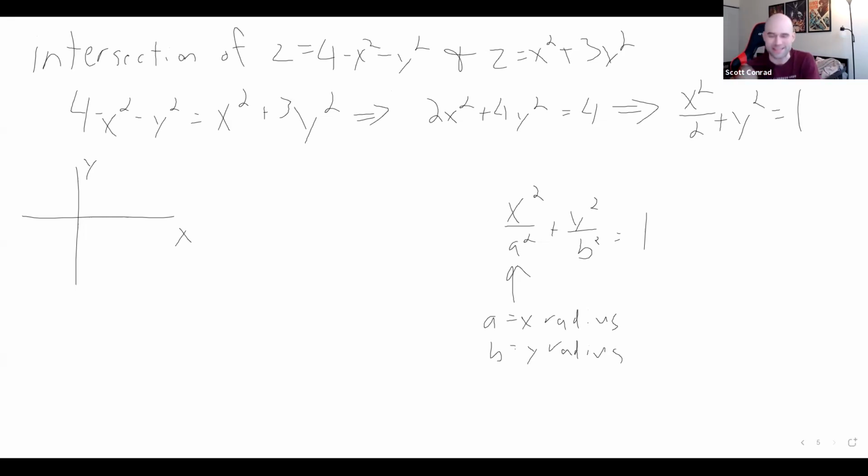So you're going in the opposite direction now. 2 is our radius squared. So it's actually going to be root 2. Yep. So it goes root 2 in the x direction. And in the y direction, the y radius is going to be 1.